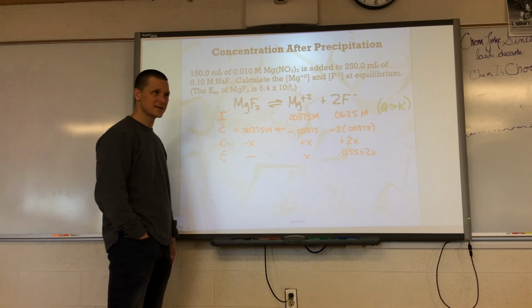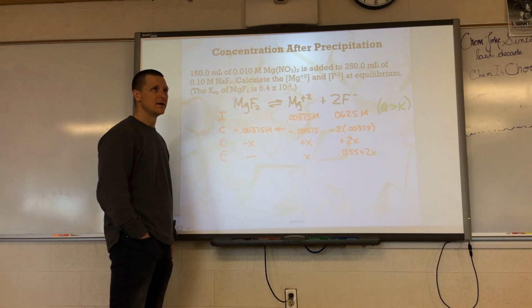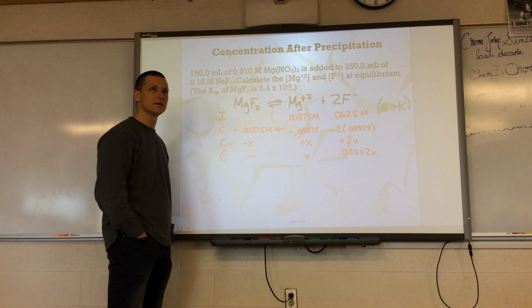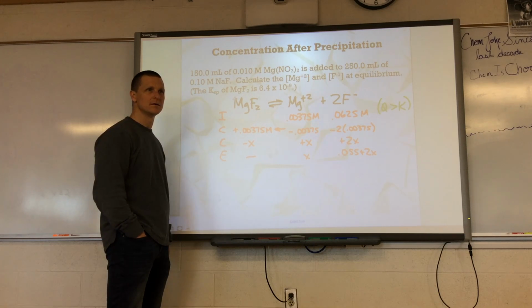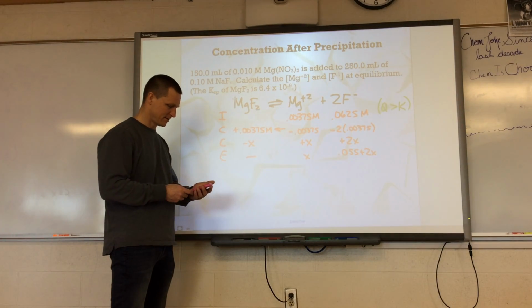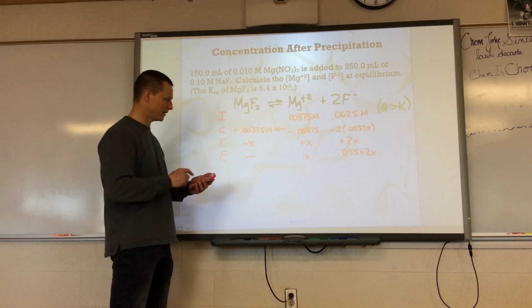You get a value for x. Is it, I can't remember what it is now. 2 times 10 to the negative 7th? Is that right? Let's see.